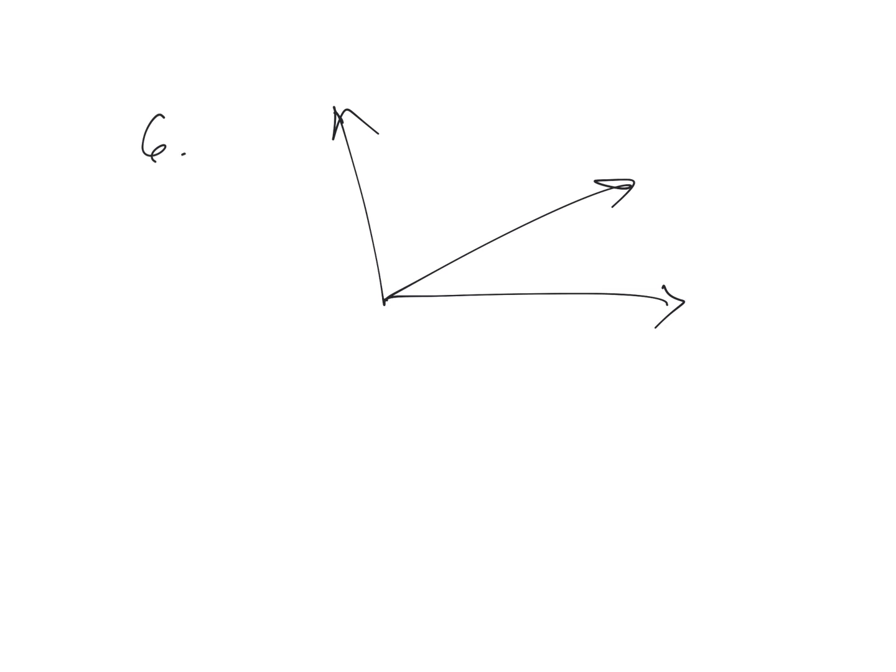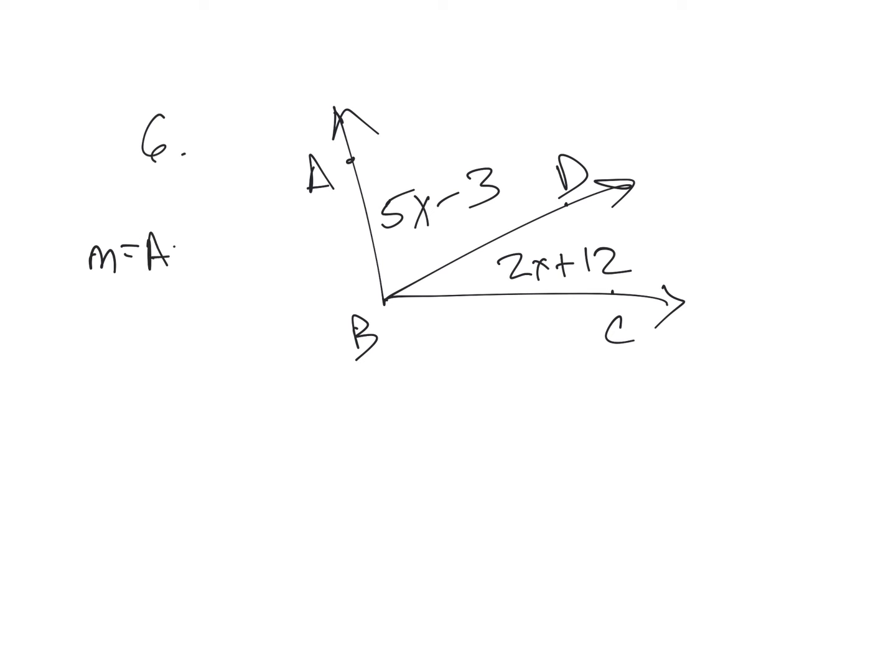This small angle is 2x plus 12, and the bigger angle is 5x minus 3. So if we want to say A, B, C, and D, the measure of angle ABC is 120 degrees.